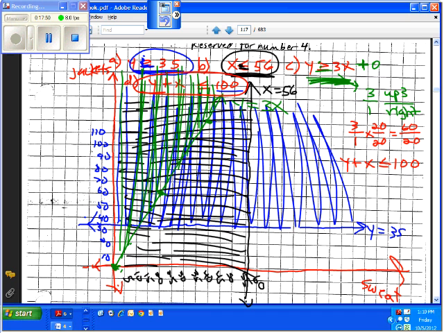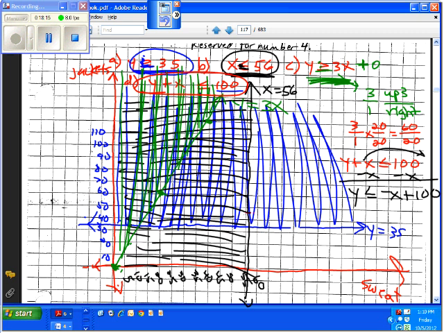We can't graph that because it's in standard form. If we're going to graph it, we're going to move it into slope-intercept. And to do that, we're going to move the x to the other side, remembering to change the sign when you cross over, so you get y is less than or equal to negative x plus 100.